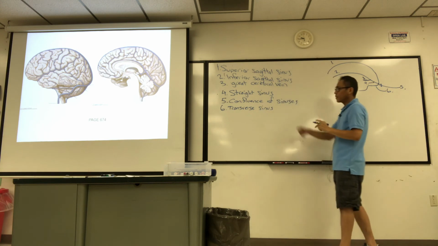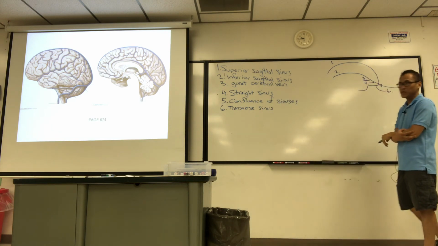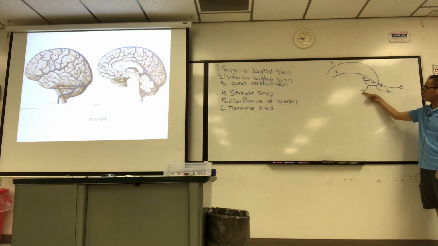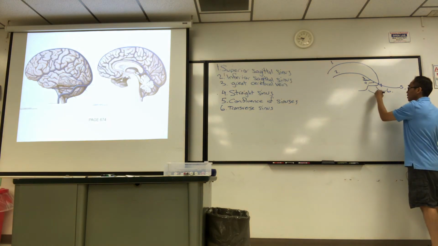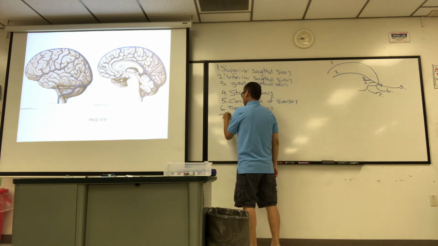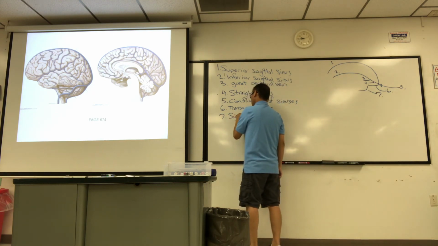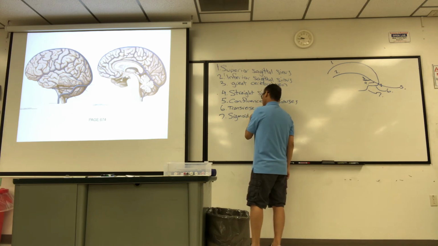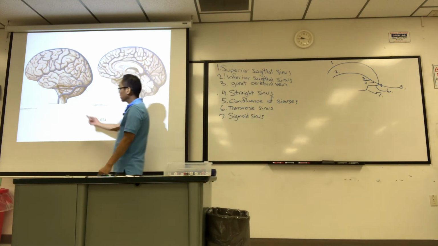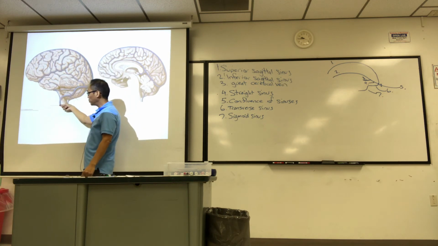Remember, this is the one that's contained within the tentorium, number 6. Then it takes an S-shaped turn to go down the skull, sigmoid sinus. And then it's going to exit the skull via the jugular foramen.